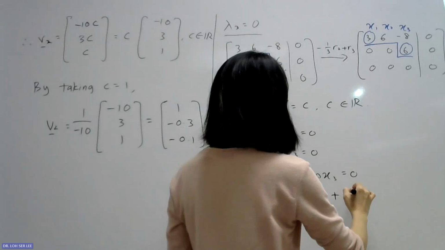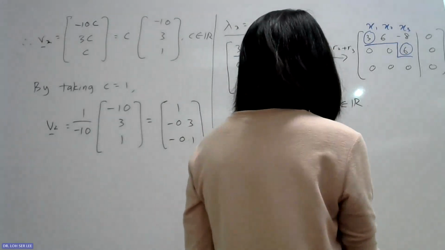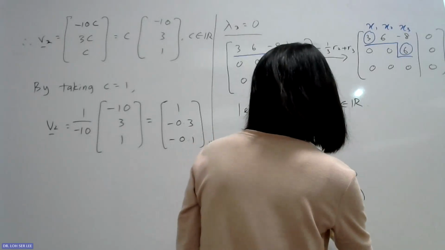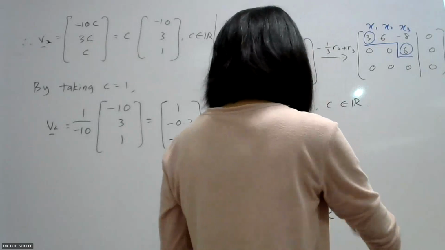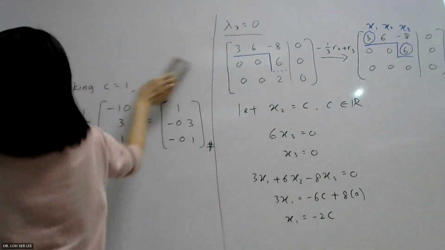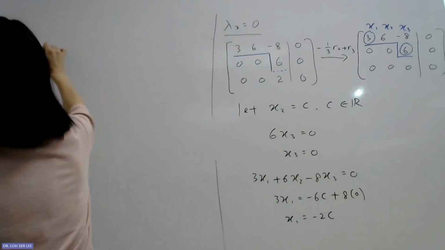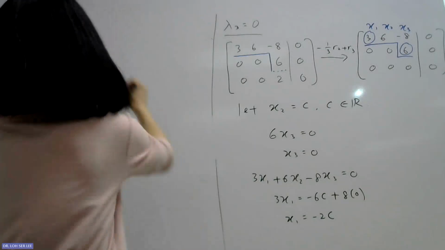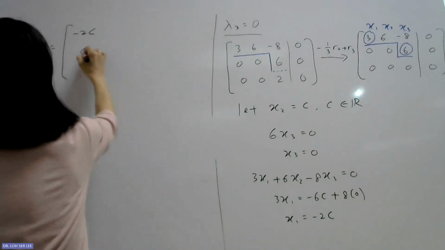X1 is negative 8 times C. Okay, V3 is negative 2C, C, 0.